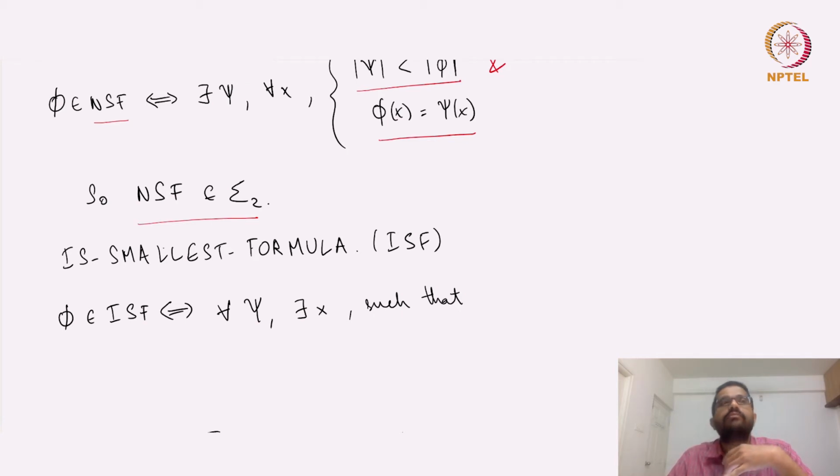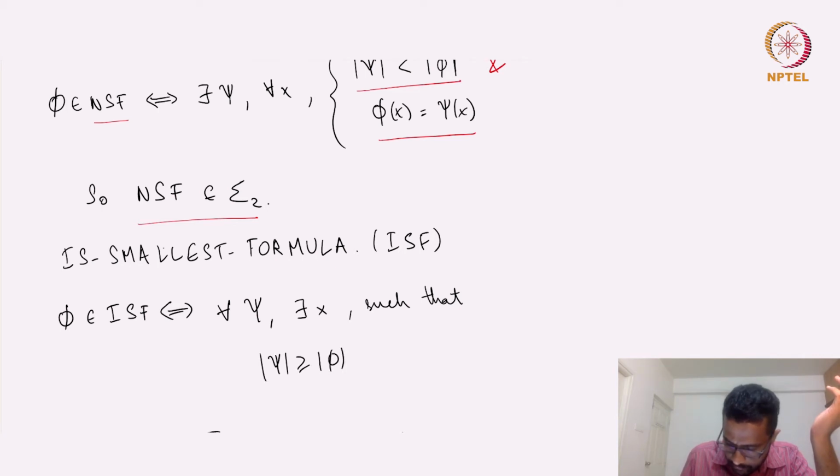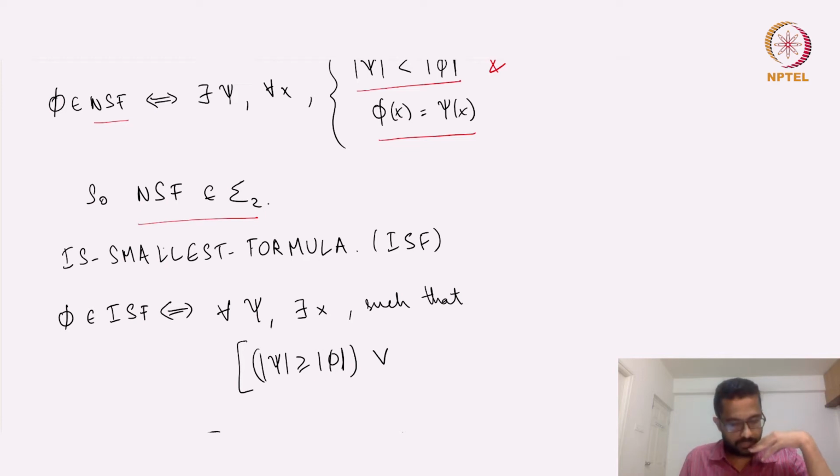In other words, if you consider a psi, either it should not be equivalent, or it should be bigger, or it should be the same size. So one way to write it is: either the size of psi is bigger than the size of phi, or phi(x) is not equal to psi(x).